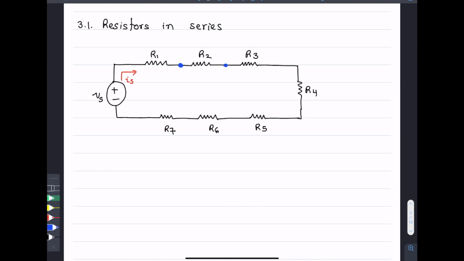The fundamental defining characteristic of series is that all series elements have the same current.